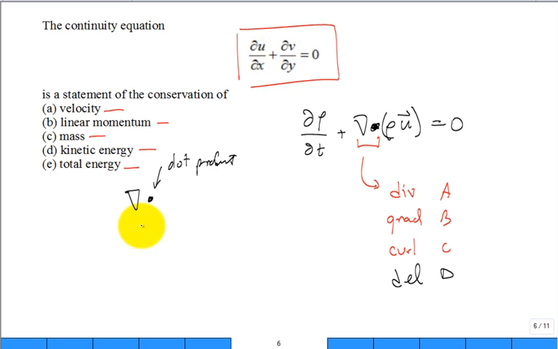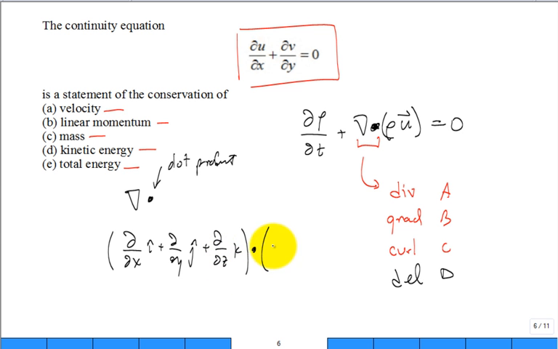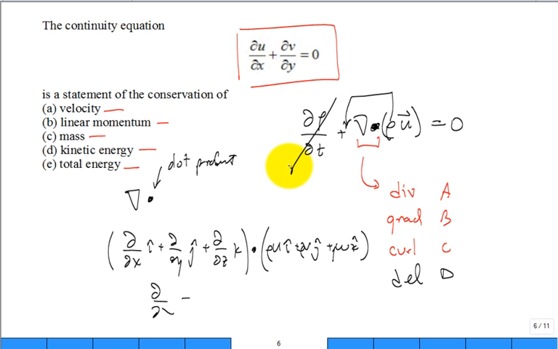You treat this del as the partial with respect to x i plus the partial with respect to y j plus the partial with respect to z k, and you dot that with the velocity vector, that's the u i plus v j plus w k, and then you pick up from this term the partial of u with respect to x plus, now I forgot to put the rho in there, so let's put the rho and the rho and the rho. Pull that rho out because it's constant and cancel that because it's constant.